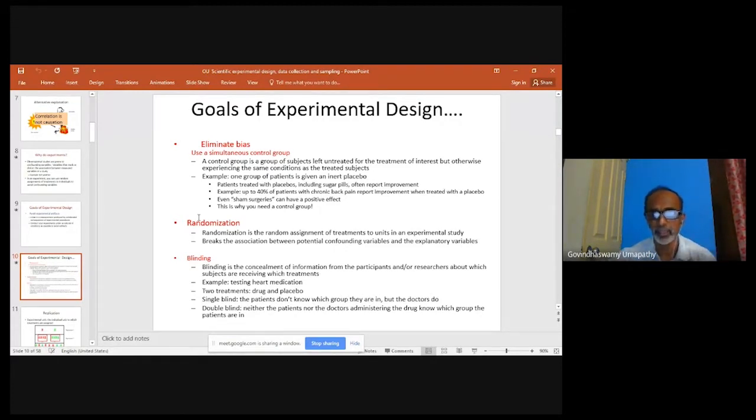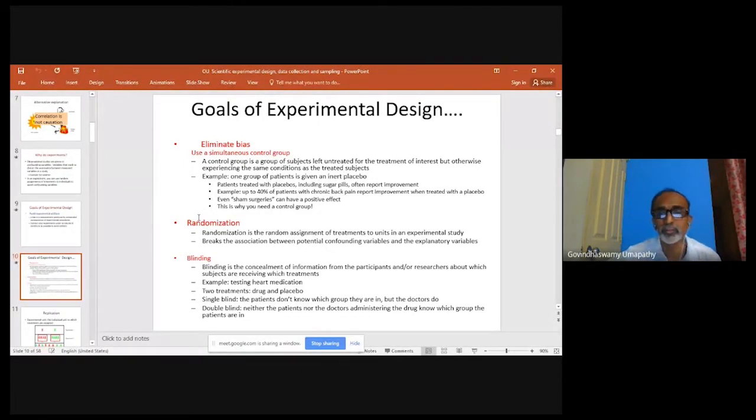People think they have taken medicine, people feel comfortable, and they get treated. They are cured of a particular illness. For example, 40% of patients with chronic back pain report improvement when treated with a placebo. They think they have taken medicine, but a simple sugar pill is sufficient. So this kind of effect will be there in many present scenarios.